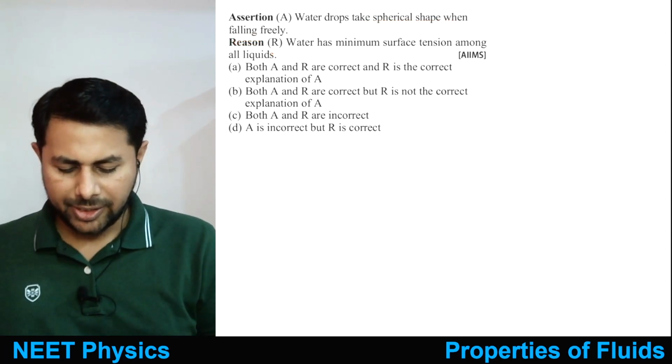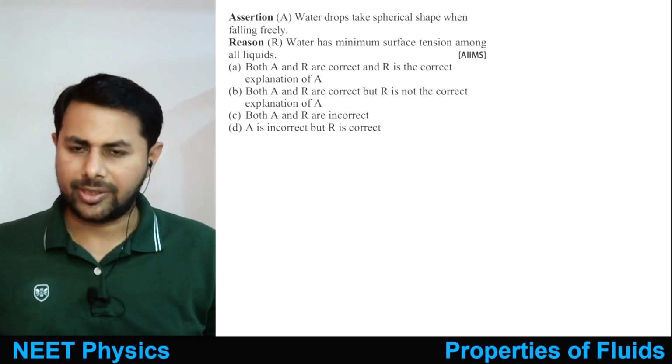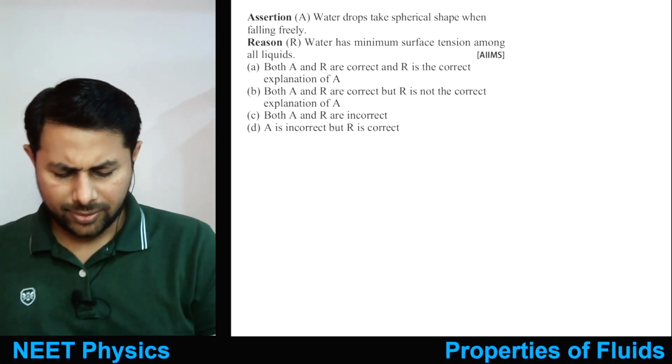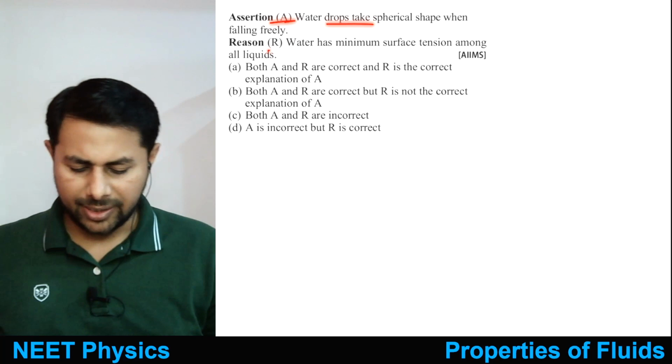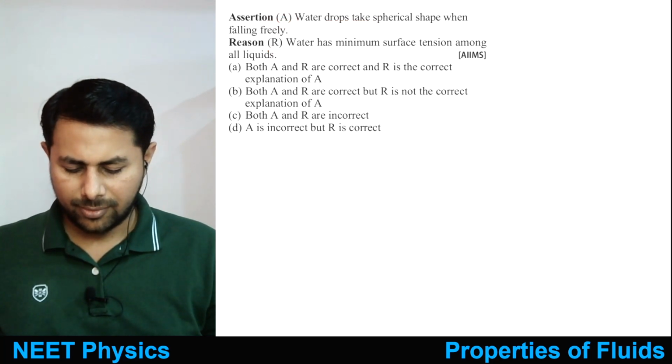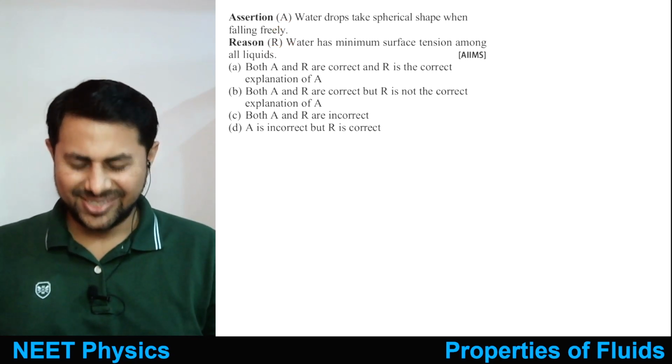Then this is the assertion. The reason is water has minimum surface tension among all liquids. So is A correct or is B correct? I mean, is the assertion correct or is the reason correct?